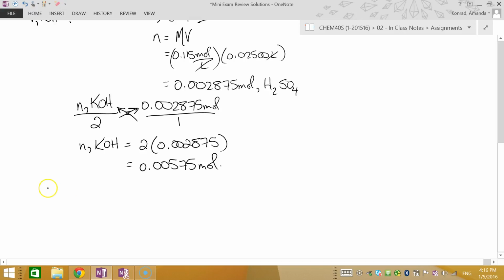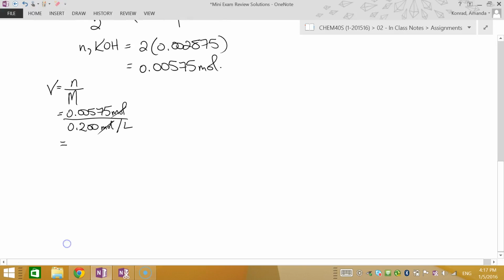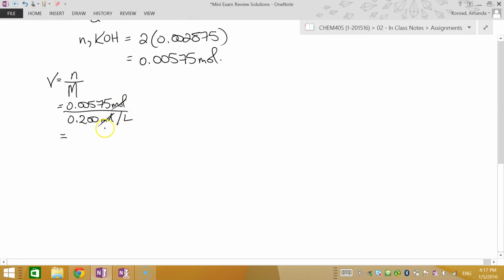So I'm going to rearrange it so that volume is what I'm solving for, and that means that it's moles divided by the concentration. 0.00575 moles divided by 0.200 moles per liter. Moles will disappear. Moles divided by moles is nothing. Liters will go on top in terms of our unit analysis, if you're wanting to do that.